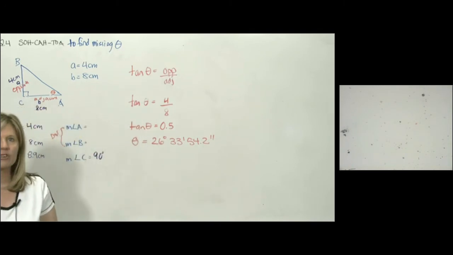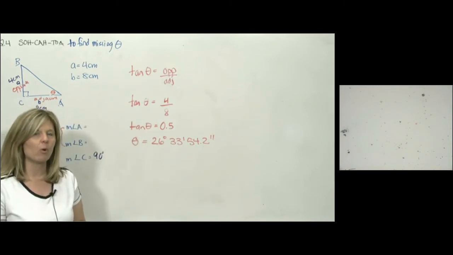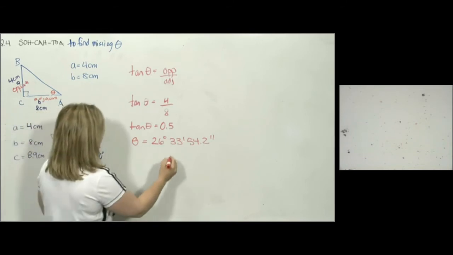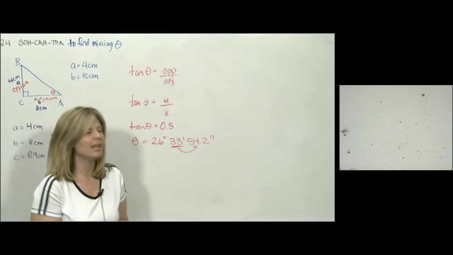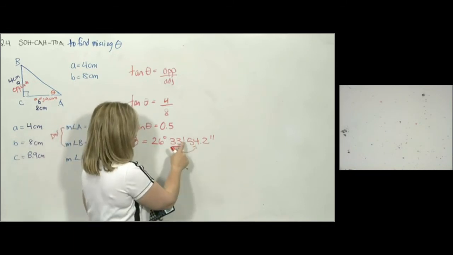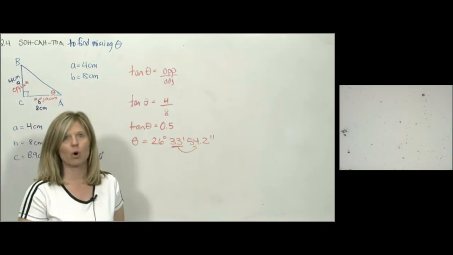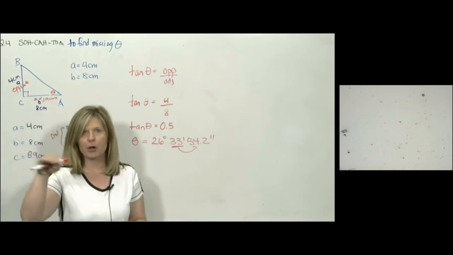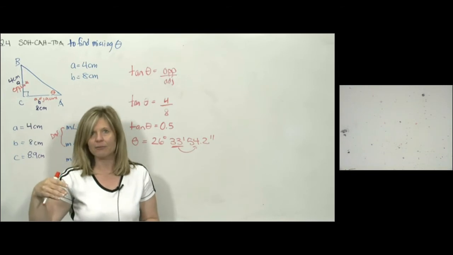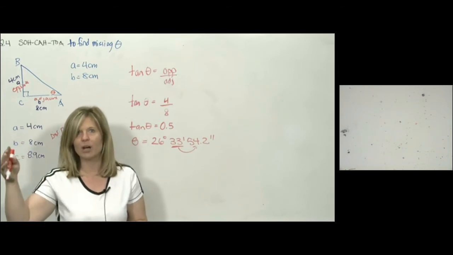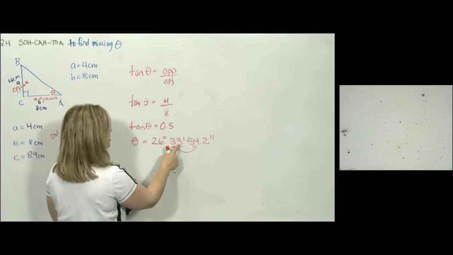Then read the directions. I believe on this one they want you to round to the nearest minute. So if this is minutes and this is seconds, if I have 54 seconds, would this stay 33 minutes or would it round up? Remember, 30 is the cutoff. 30 seconds would be half of a minute, and that would round up. So this is 54. This is definitely going to round up.